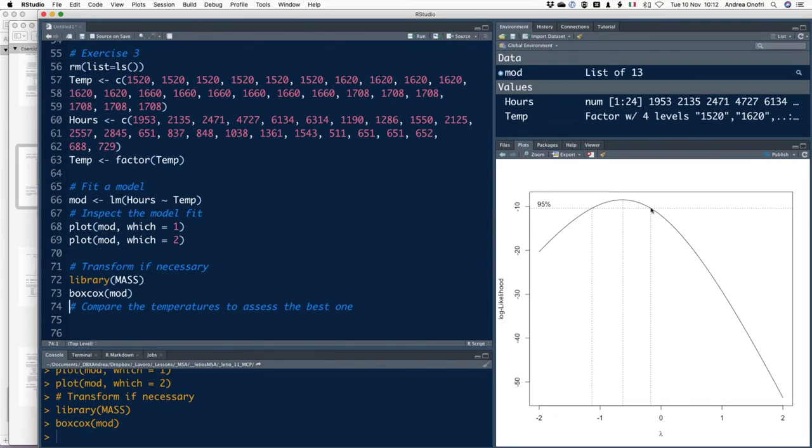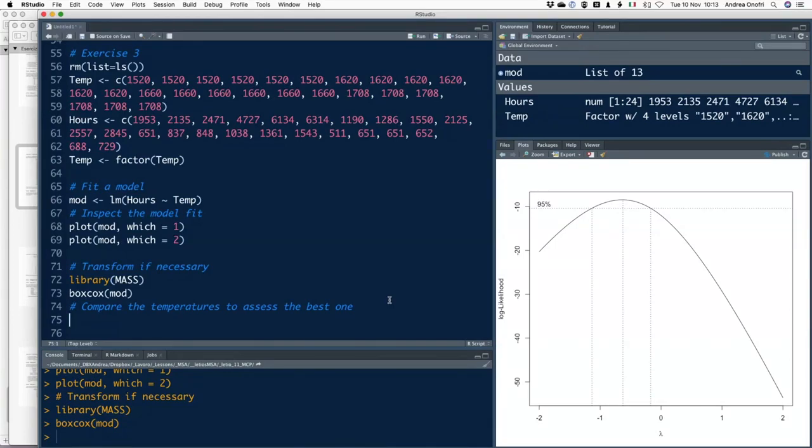But the confidence interval goes from a little bit less than -1 to almost 0. So what understandable transformation can I take inside this interval? I take -1, because that's the reciprocal transformation, which is understandable and quite often used.